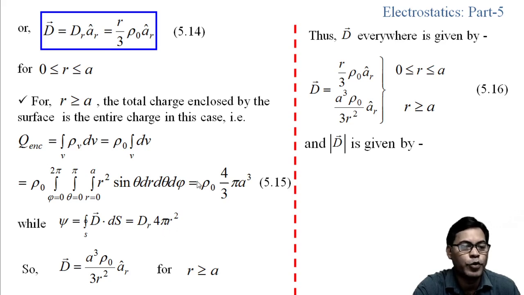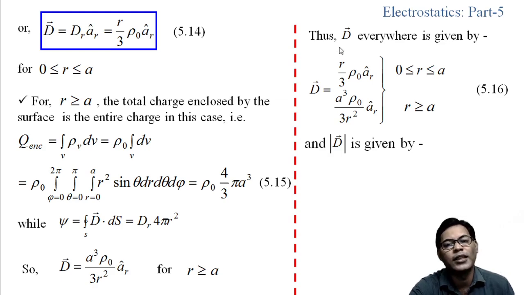So now Q enclosed, which we will get from 5.15, equals the total flux. From that we will get D, the flux density, which equals a cube rho naught divided by 3 r square. If you simplify this equation, we will get this D. So that expression of D we will get for r greater than or equal to a.